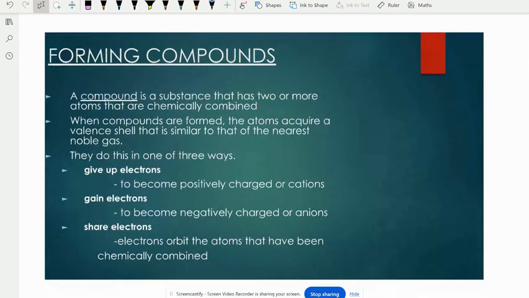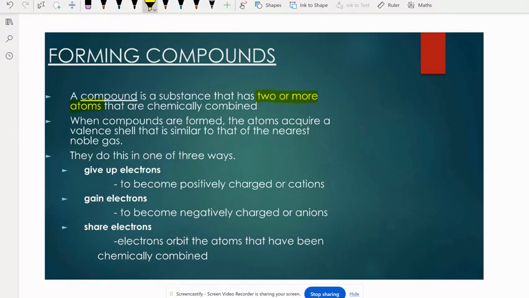Let's start with a little bit of a recap of what we learned on Wednesday. At the end of the ions lesson, we talked about forming compounds and ionic compounds. Just to recap, a compound is a substance that has two or more atoms that are chemically combined.